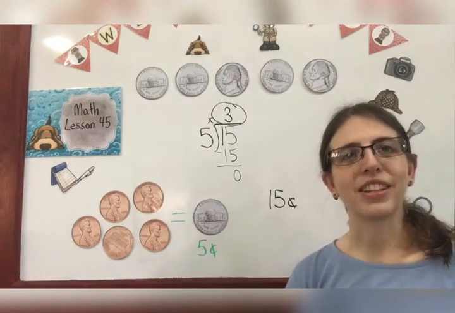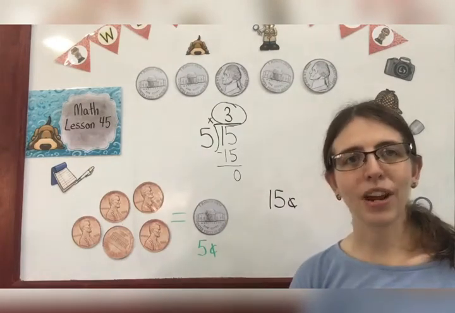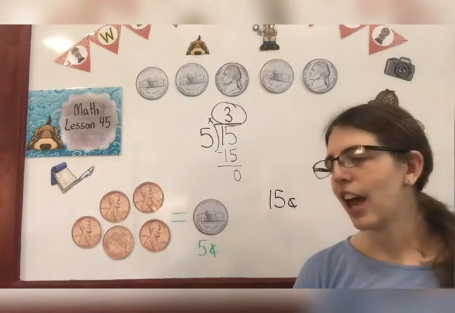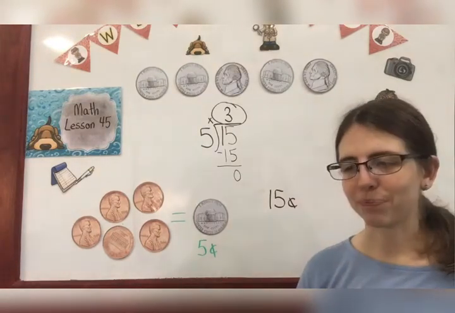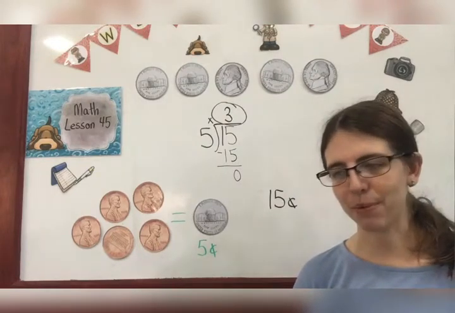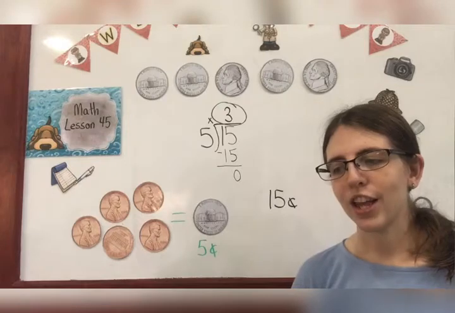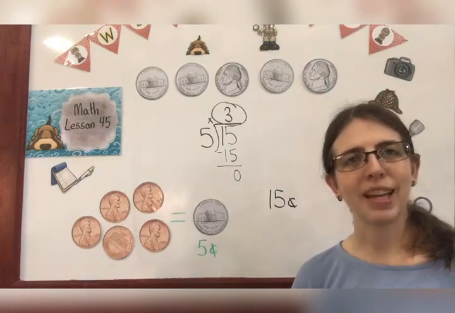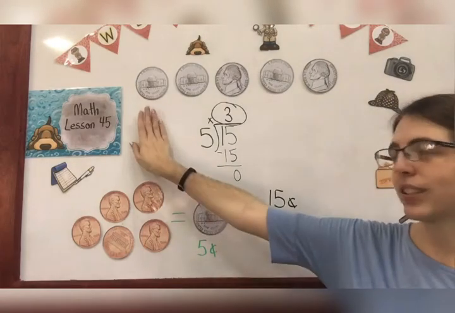We are talking about dividing by 5s today, so we are going to use pennies and nickels to help us with that. Look at number 1 on your paper. It says write the quotients for the 5 division table. On your paper, you have pennies to help you out. Well, to save space on my board, I used nickels instead.